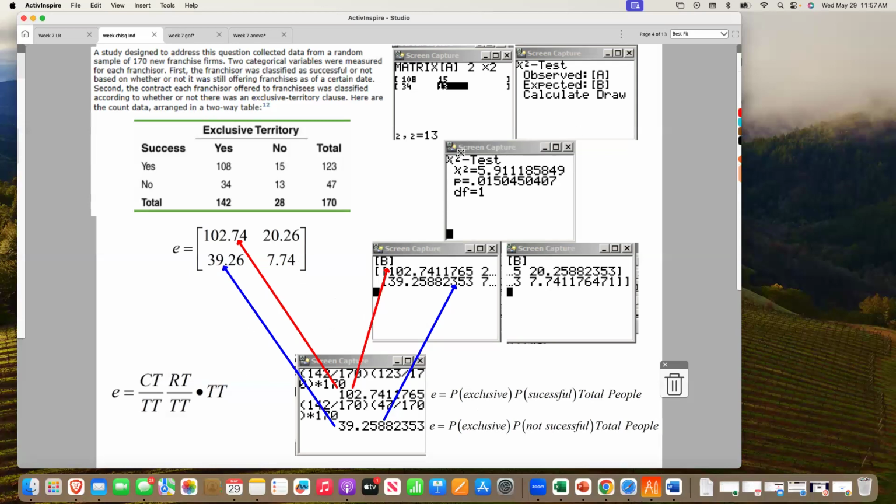And actually, the calculator is able to do that automatically for you and compute your expected count. So, to run that test on this calculator, this TI-83, all I really had to do is put in my observed values, and it'll store the expecteds in this one here, calculate the chi-squared statistic, and actually give us the p-value, which again is just going to be the right-tailed area for that particular chi-squared distribution, in this case, 1 degree of freedom.